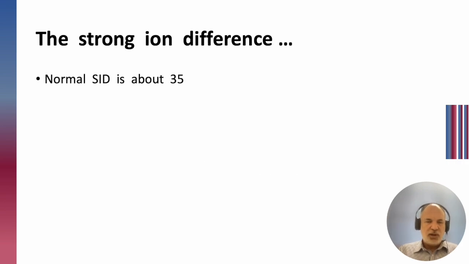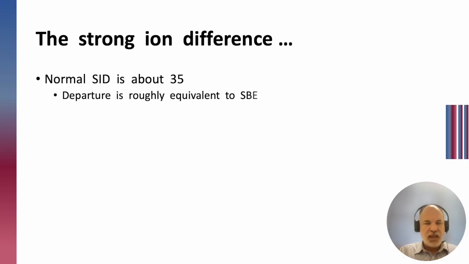So again, if we look at what a normal strong ion difference is, it's approximately 35 millimoles. So if we take a normal sodium at about 145 and a normal chloride at around 110, the difference between the two is about 35. And any change in the strong ion difference is roughly equivalent to the change in the base excess or the standard base excess.